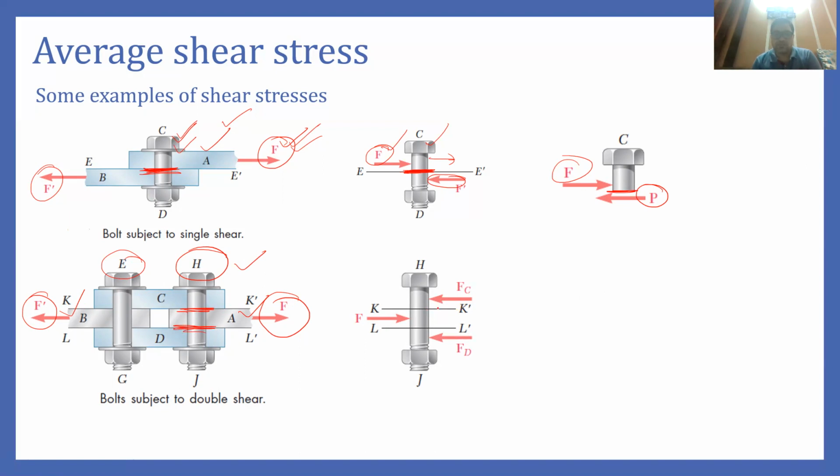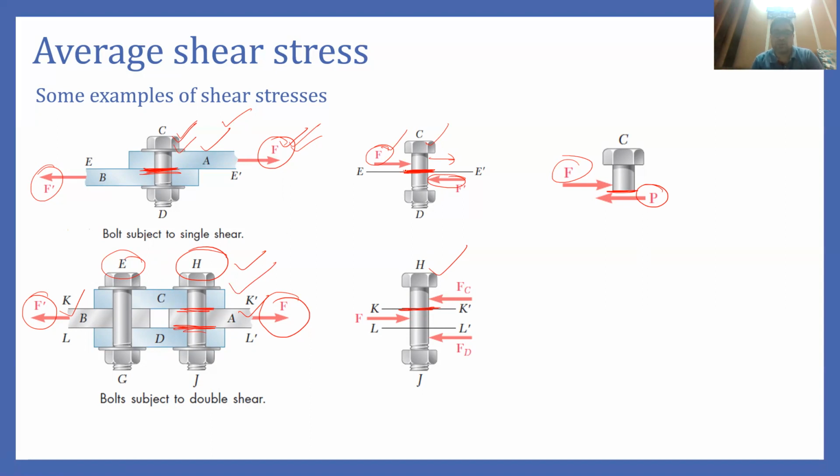So in this case, the force is acting at two cross sections, which means we are able to use this bolt twice. So that is why the strength can be better utilized in the case of a bolt subjected to double shear.